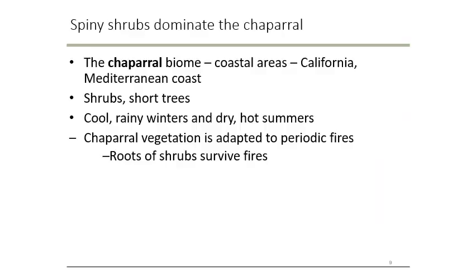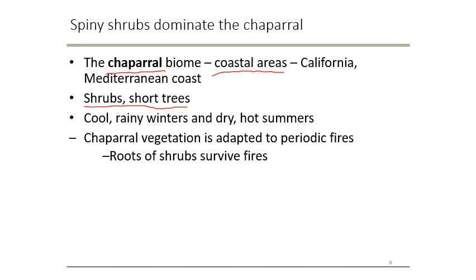Okay, the next one, chaparral. This type of biome is in the coastal areas, so California, Mediterranean coast. So of course this is in front of the mountains, not behind. And here we see shrubs, short trees, cool rainy winters, dry hot summers.